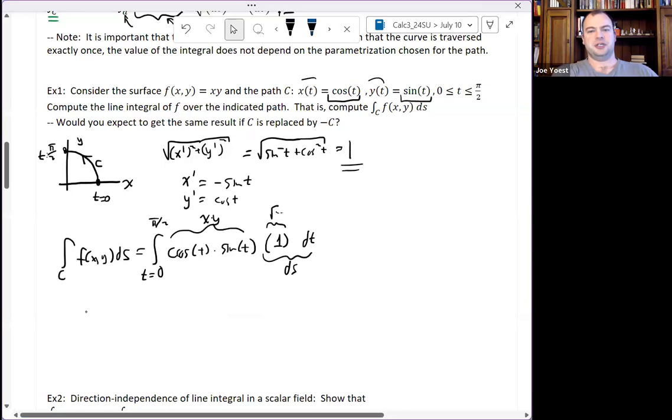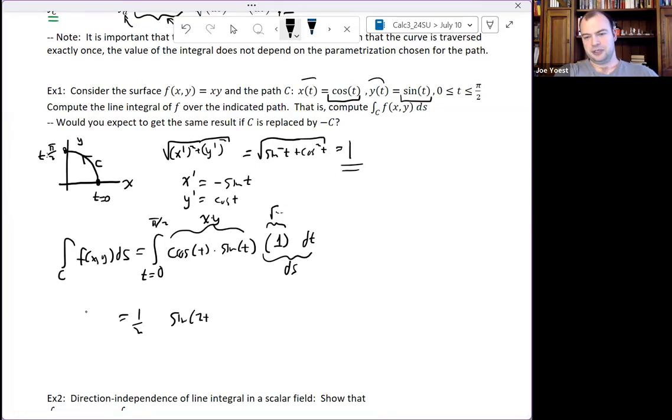And here I suppose I could use a substitution or a trig identity. This is 1/2 times 2 sine t cos t, or that's sine of 2t. I integrate sine to negative cosine. And then the chain rule would pop out a 2, so I need another 1/2 to cancel that, going from 0 to pi over 2.